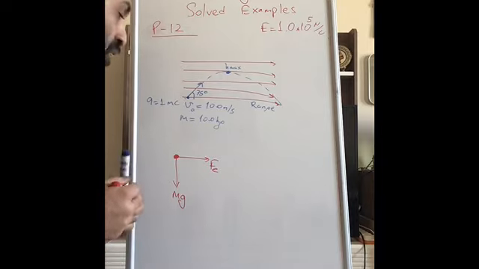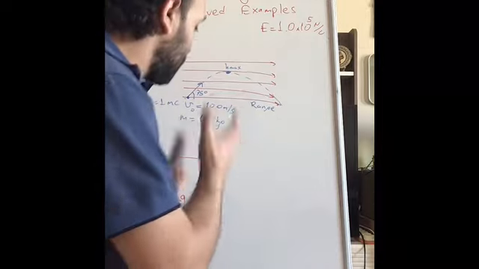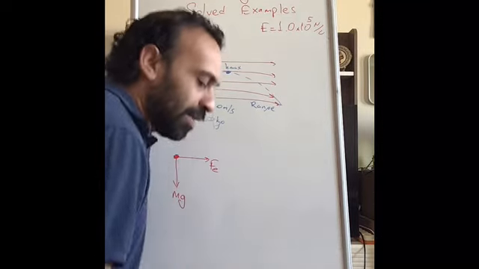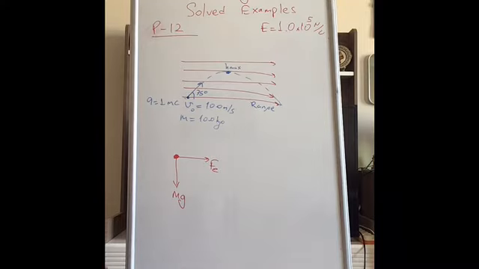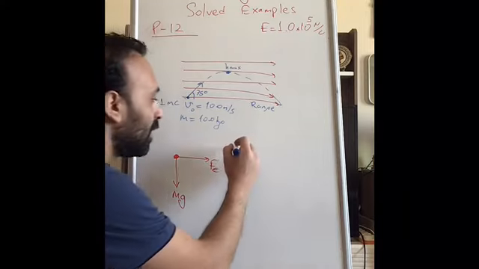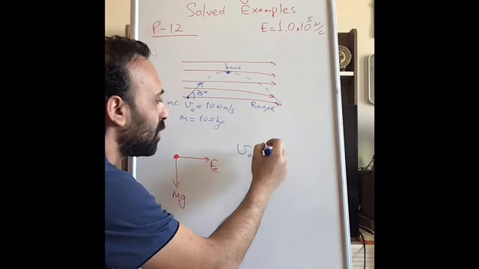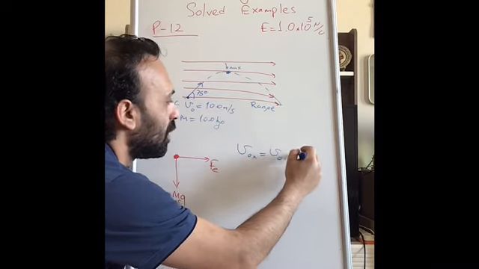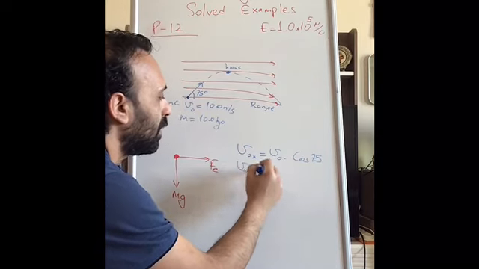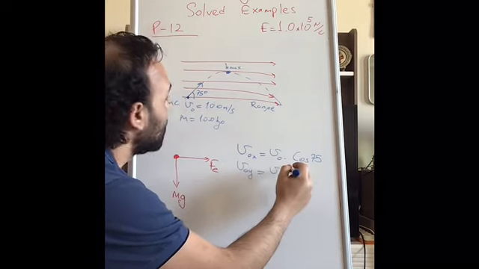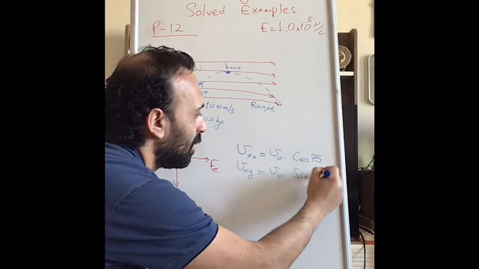Before taking a step toward the solution, let's also write the components of this velocity. The x component of the initial velocity is v0 times cosine 75, and the y component is v0 times sine 75.